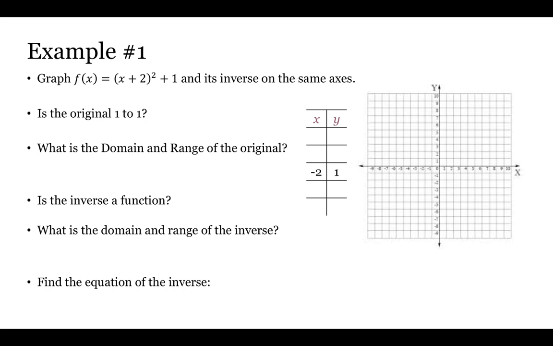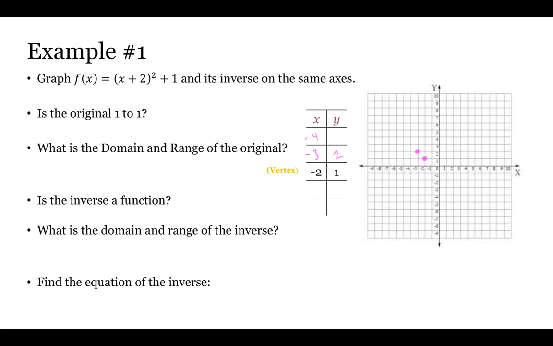So I'm going to put in a few values. I picked this one to start because that's the vertex, right? So -2, 1. I'll plot that point. Let's do a few more. If you plugged in -3, what would you get? -3 plus 2, you're going to get an output of 2.